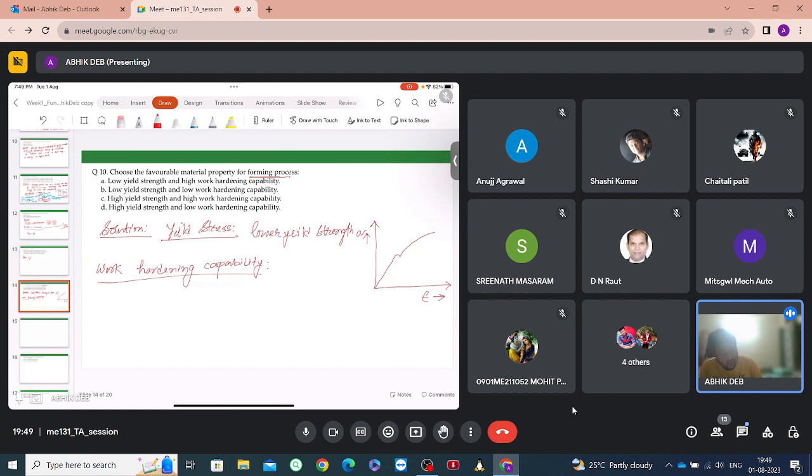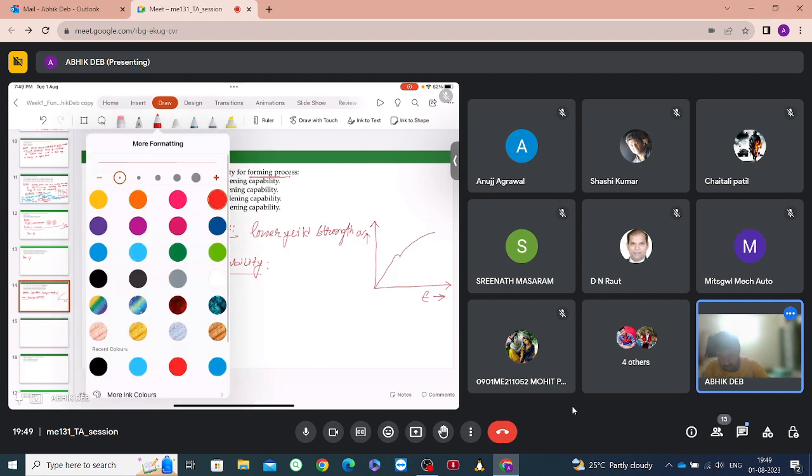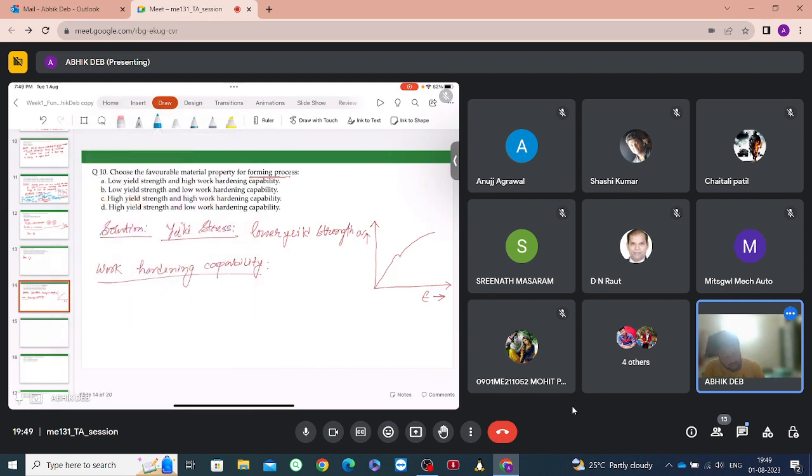Okay. And what is work hardening capability? Anybody has an idea about what is work hardening capability? What is work hardening? Work hardening or strain hardening, they are the same things.